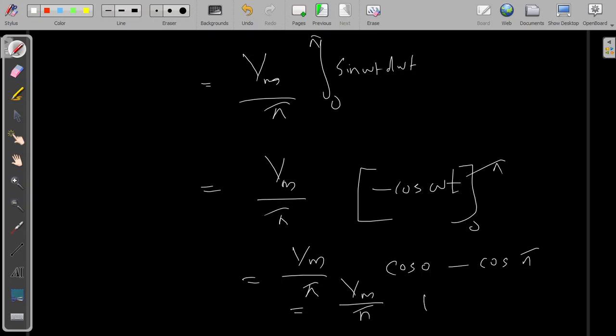Cos 0 is 1, cos pi is minus 1, so plus 1, and that is equal to 2 Vm by pi. So this much volt.